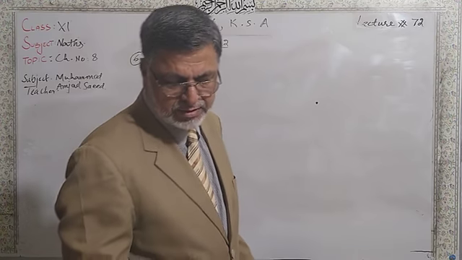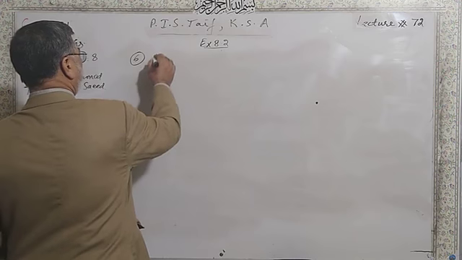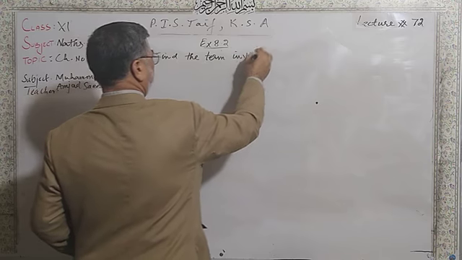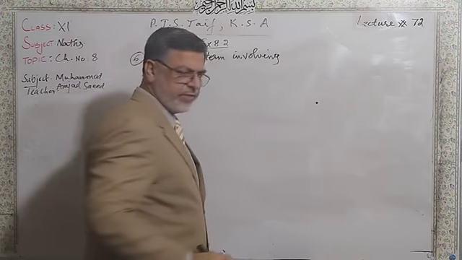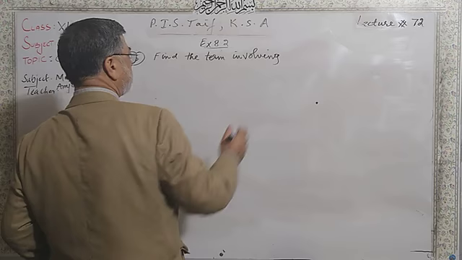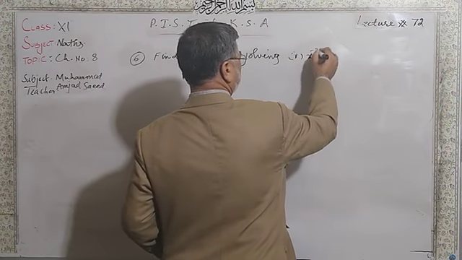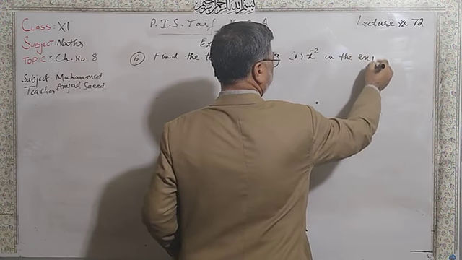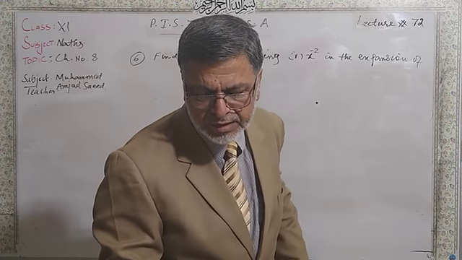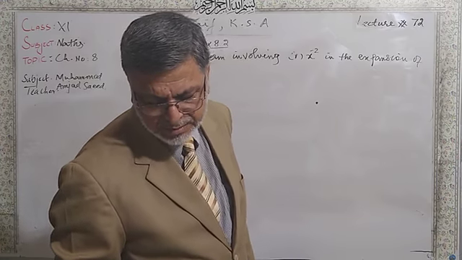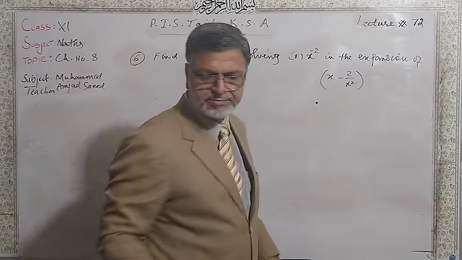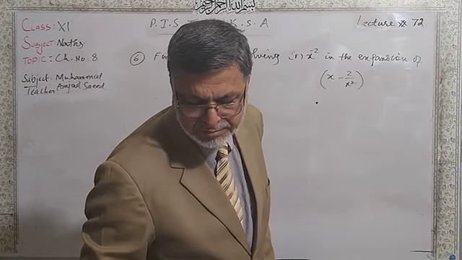Find the term involving x minus 2 in the expansion of x minus 2 over x square, whole power 13.